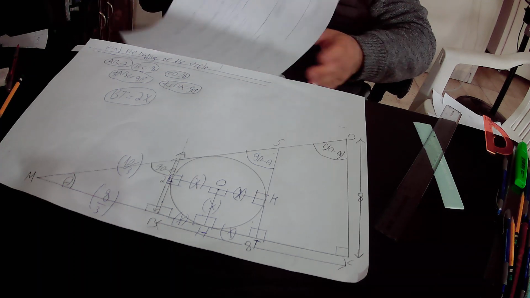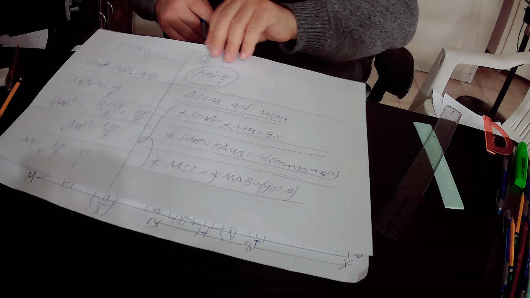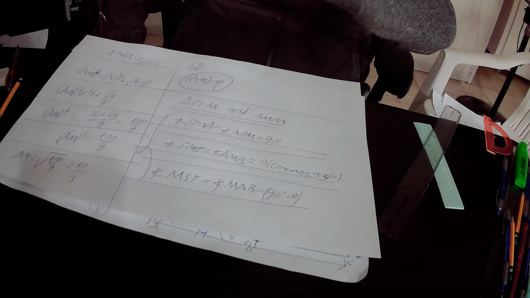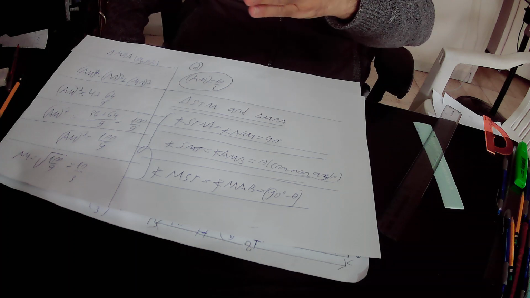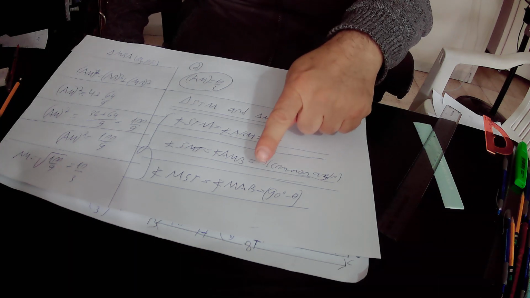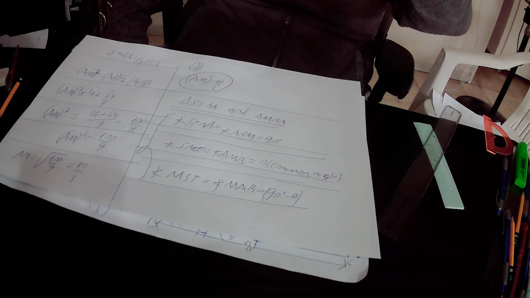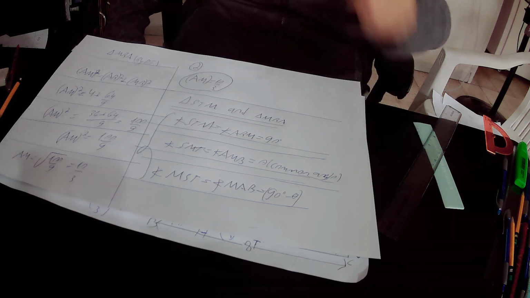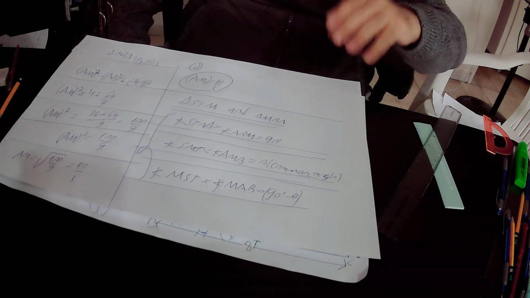Repeat again. Angle MST in the right middle triangle STM equals angle MAB in the right small triangle MBA. They are both equal to 90 degrees minus theta, therefore they are equal to each other.